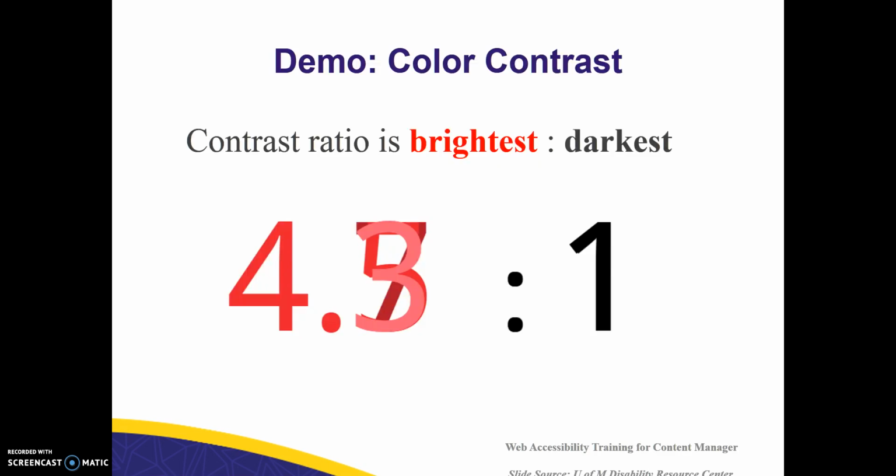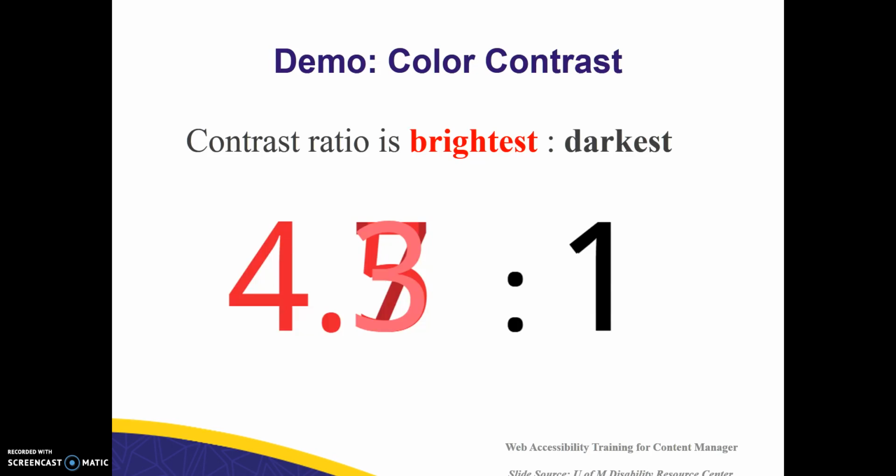In this video tutorial, we're going to be talking about color contrast, and how to use them correctly. WCAG 2.0 defines adequate color contrast based on the size of the text.